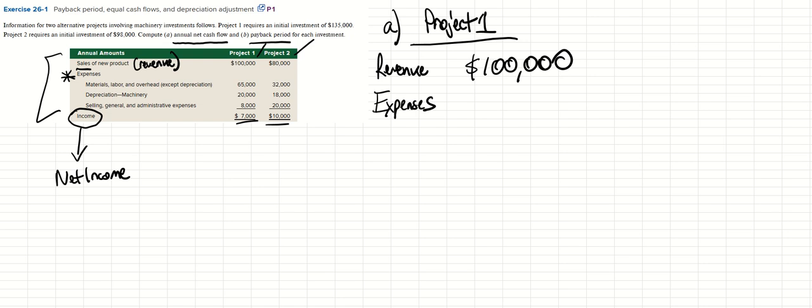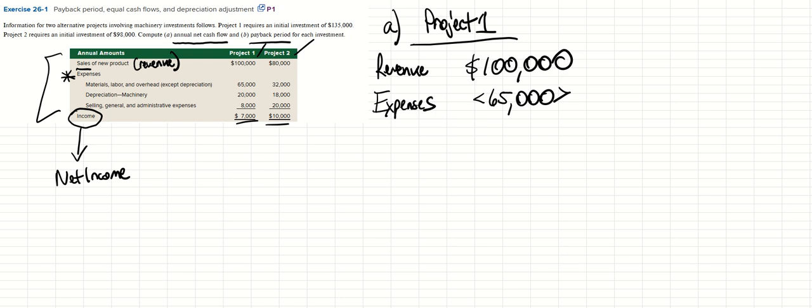Materials, labor, and overhead of $65,000 is a legitimate expense that does affect cash, so we include it as a subtraction from the revenues.